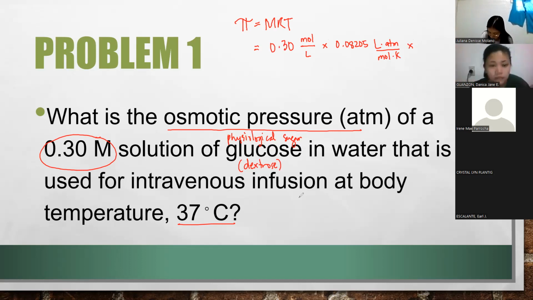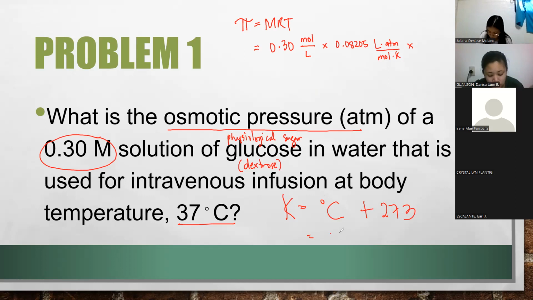So for the temperature, we need to convert this first to Kelvin. What is our formula in computing the Kelvin? Can you still remember that? Celsius plus 273 Kelvin po. Okay. Sige, Celsius plus 273. Let's just use 273. Or actually, pwede din namang 273.15. Let's just use 273. Let's simplify things.